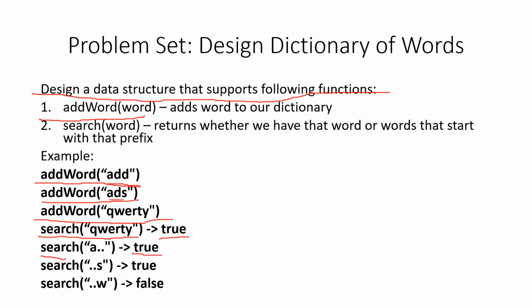Then we search ..s, it means that there are any two letters before s, it also returns true because we have ads. Next, when we search .w, it returns false because we don't have any words which consist of two letters where before the w there is one letter. That's why it's false.